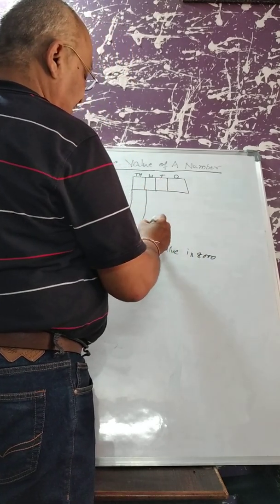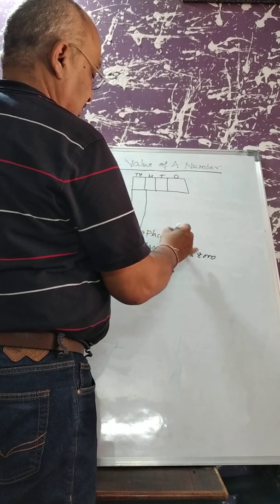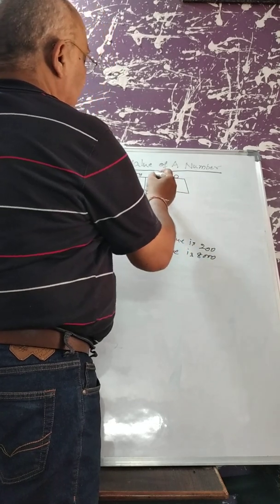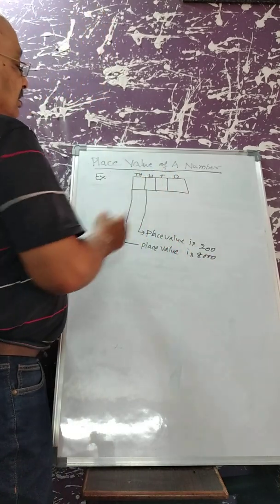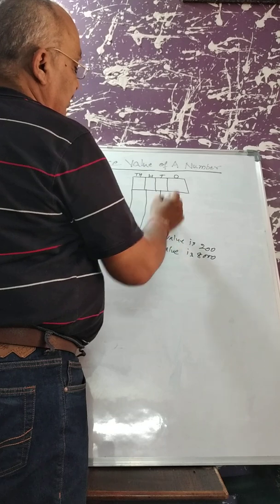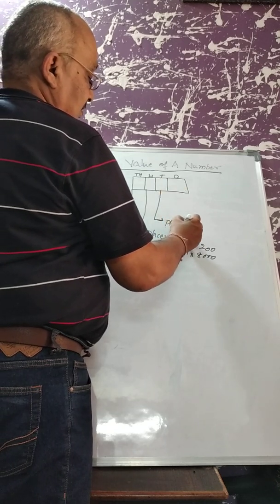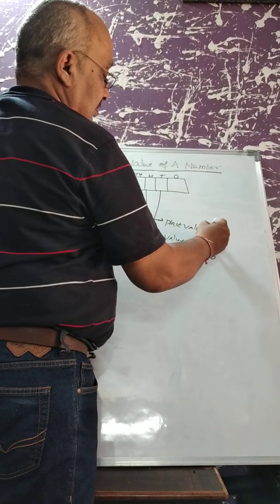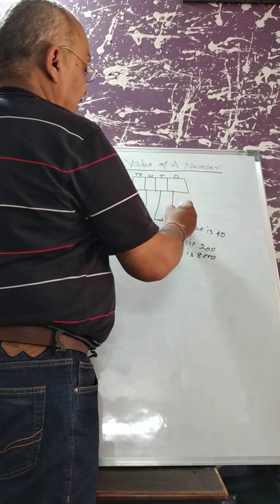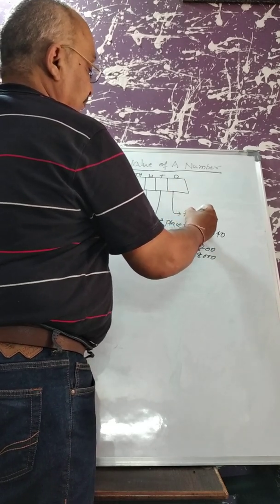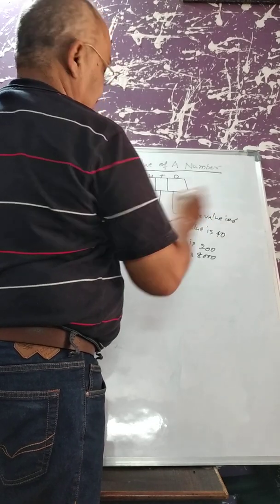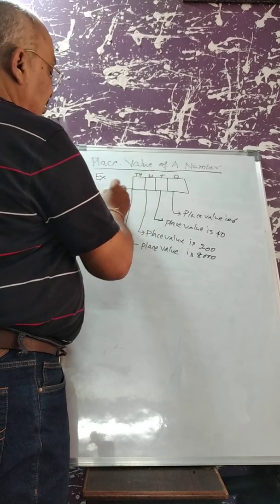Suppose your place value is 200 because it is representing the place of 100, and now representing tens, place value given is 40. Representing ones, place value is say 6. So what number will it make?